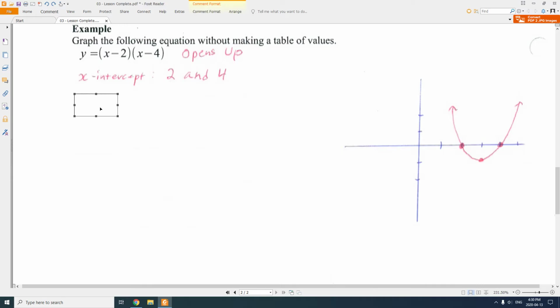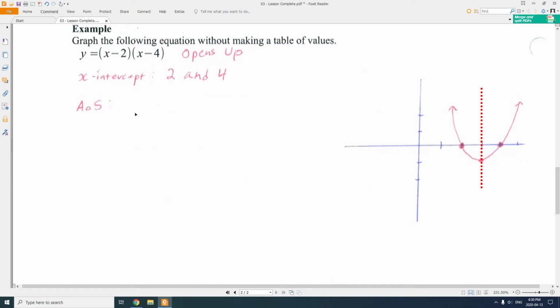So what else can we figure out here? Well, we can actually get our axis of symmetry. Hold on, what was the axis of symmetry again? It's that line that runs right through the middle of the U, and it splits it in half. It's the same on both sides. It's symmetric. It always goes through the vertex, that bottom point, and it's halfway in between the x-intercepts.